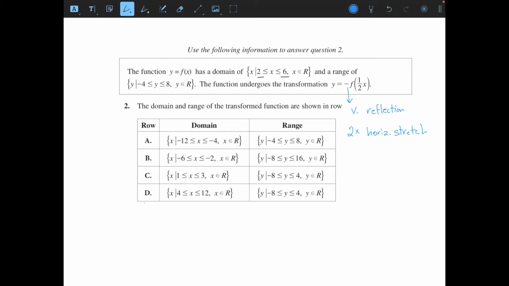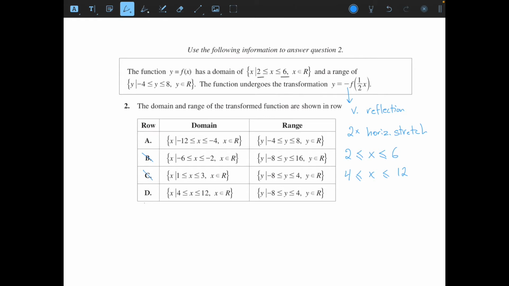So the horizontal stretch applies to the domain. So we have 2 is less than or equal to x is less than or equal to 6. If we stretch this by 2, we're going to end up with, so multiply 2 by 2, we get 4, and multiply 6 by 2, and we get 12. So we can already cross off B and C from our answers.